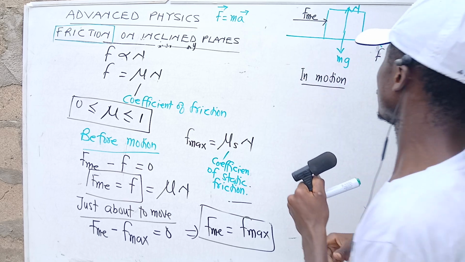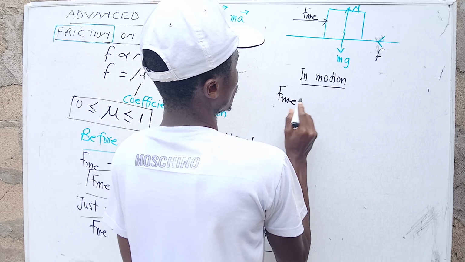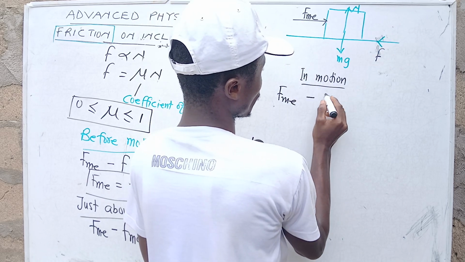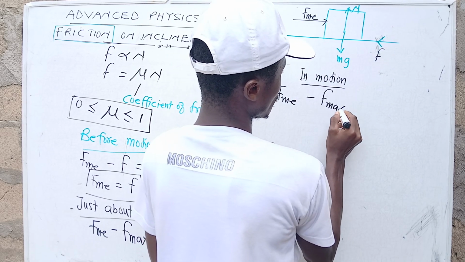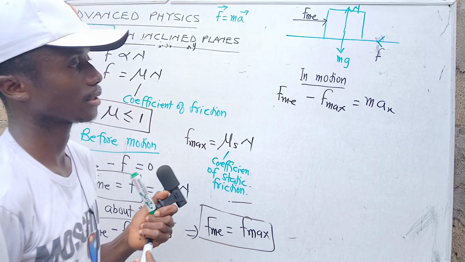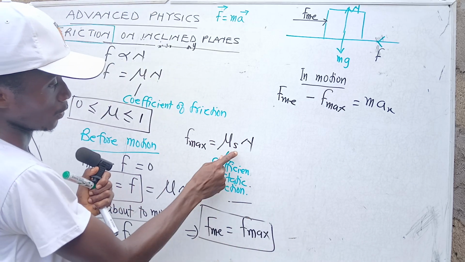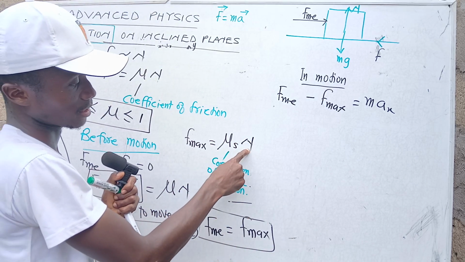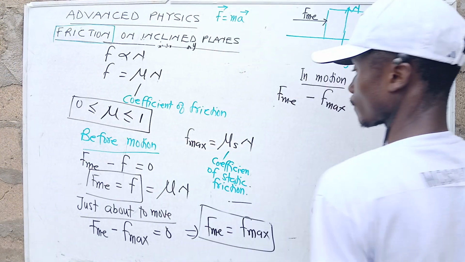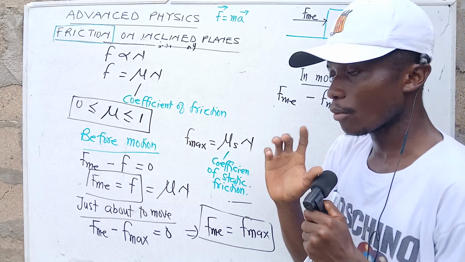So the case where the object is in motion, then F sub me, the force you apply, minus F max, will be equal to the mass times the acceleration in the x direction. But we know F max is equal to the coefficient of static friction times N. But there is a case we have to make here.